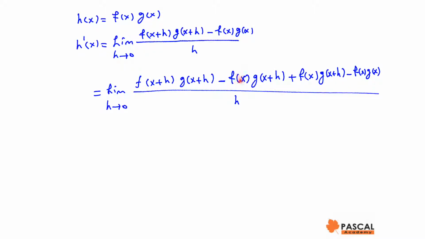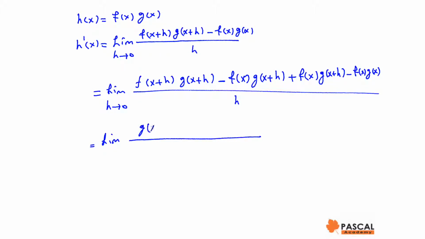Basically, we add and subtract f of x g of x plus h in the numerator of the difference quotient, and we try to split it into parts.